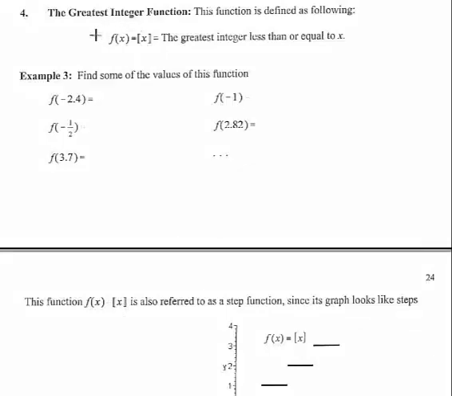Okay, the greatest integer function, kind of a neat function, in that you can probably see down here the graph of it looks like a staircase. Okay, so why is that?